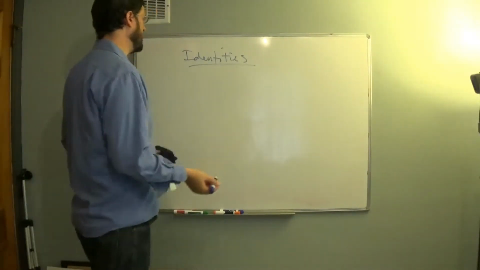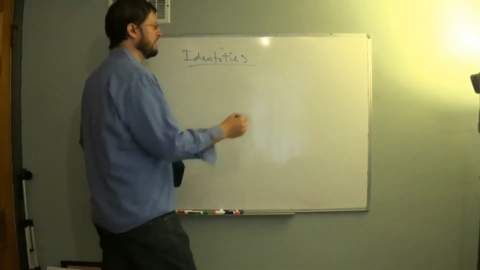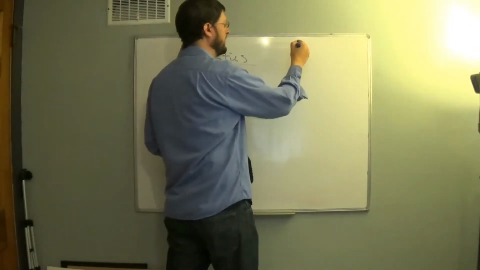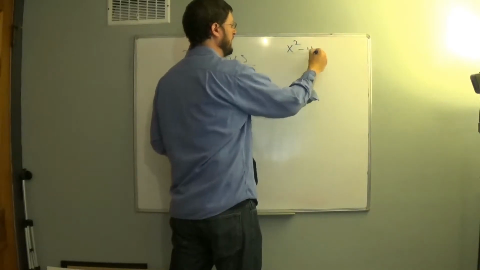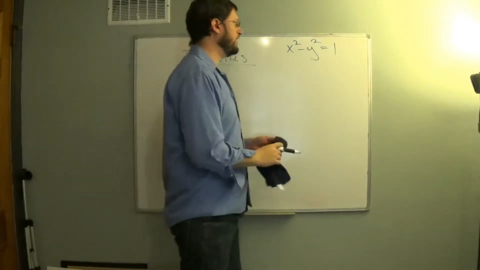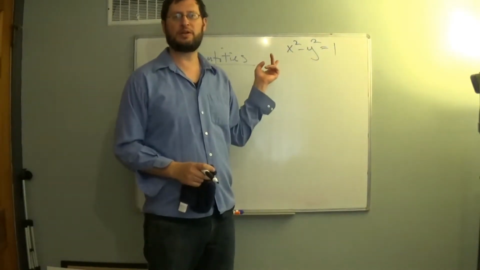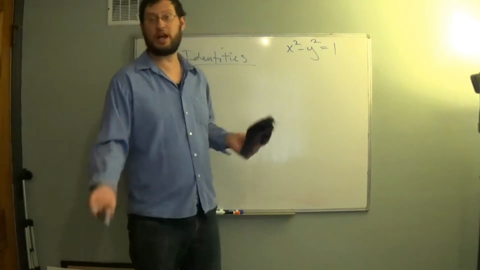Now, that's not exactly what's happening here. It's slightly different. It's because these things come from the hyperbola x squared minus y squared equals 1, rather than the circle x squared plus y squared equals 1 is where we get trigonometry from.